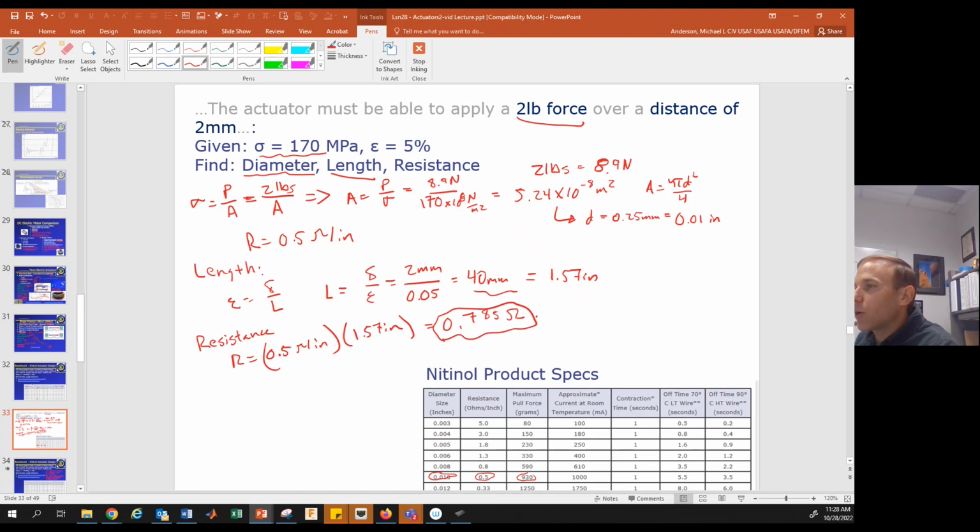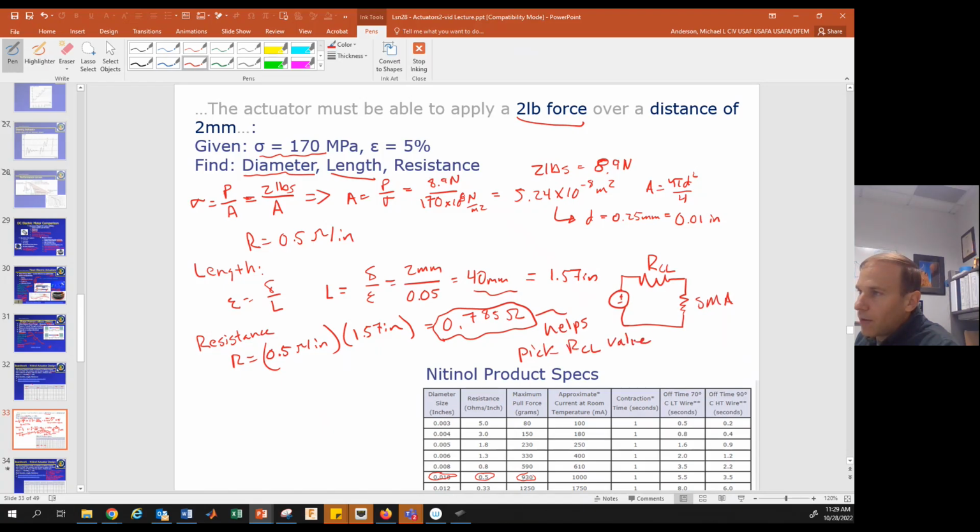So why are we calculating resistance? If you're going to put this in a circuit, you're going to have a voltage source, a current limiting resistor, and your SMA wire. You need to know how much resistance the wire has so you can pick your current limiting resistor.